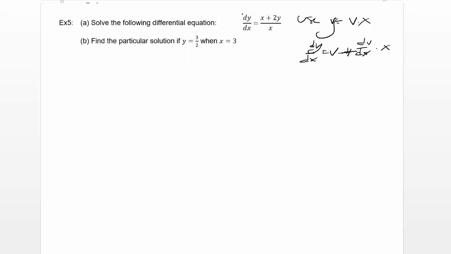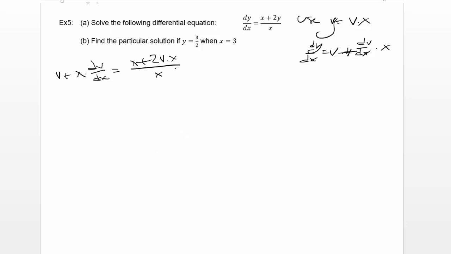So what do we get? Replace the dy dx with that expression. We get v plus x times dv dx, that is equal to x plus, instead of y, 2 times v times x, all divided by x.